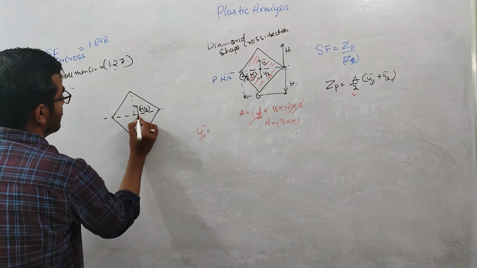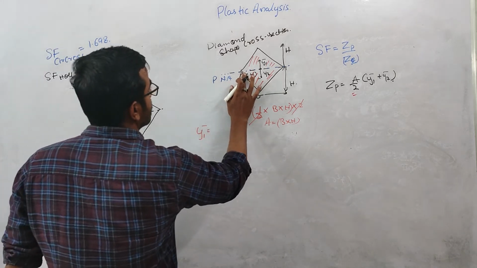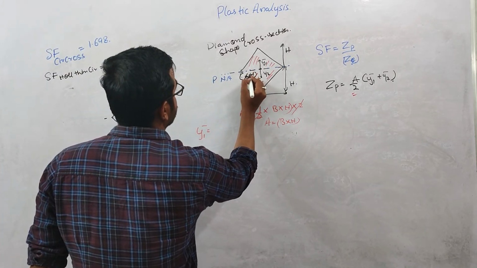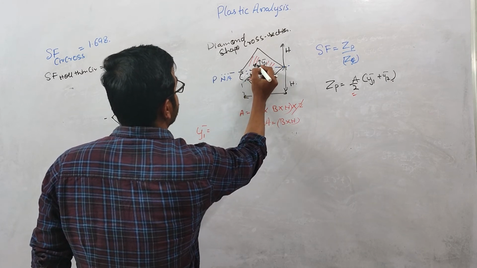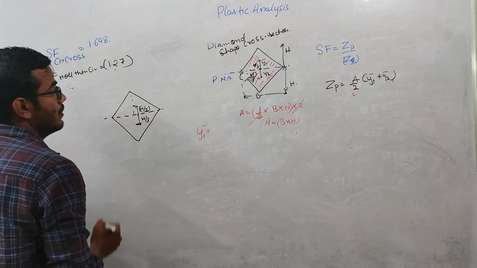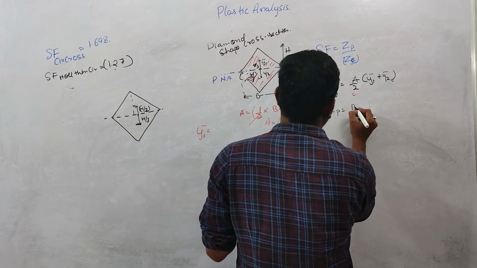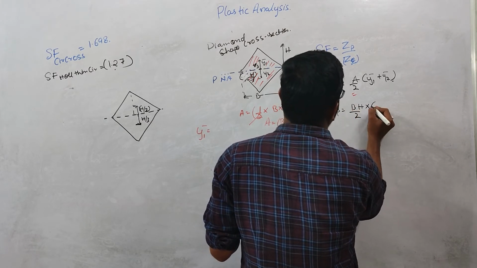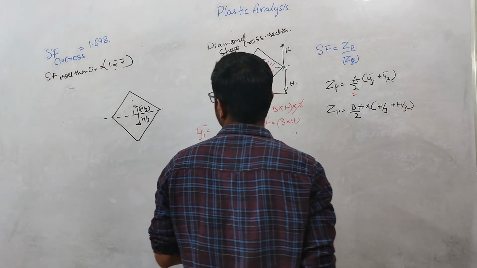This distance is h by 3, and again this distance will be h by 3. So if you put this value into this formula, Zp equals area bh by 2 into y1 bar, which is h by 3, and this value is again h by 3.